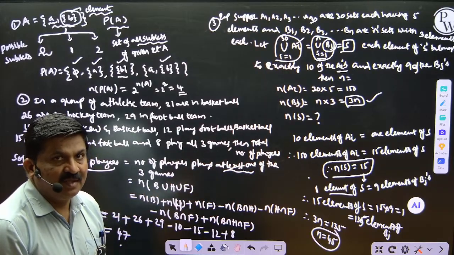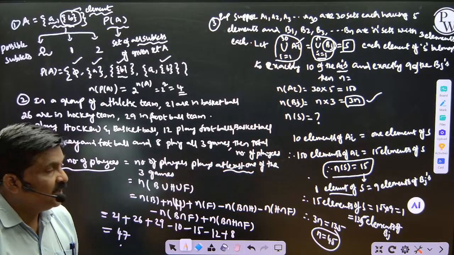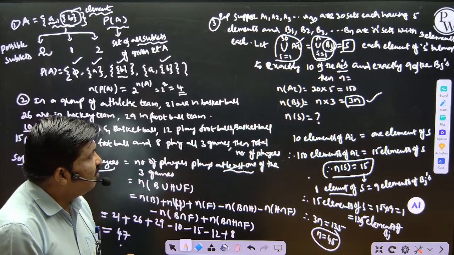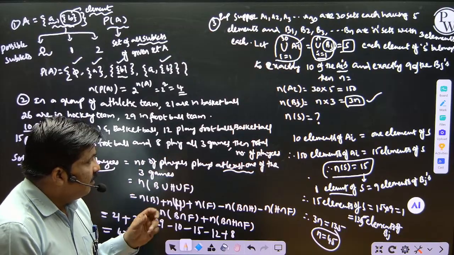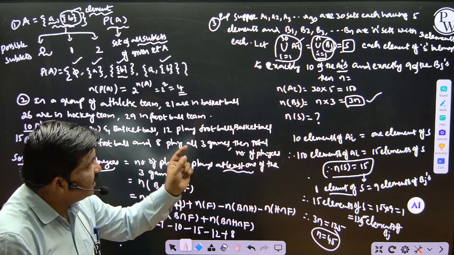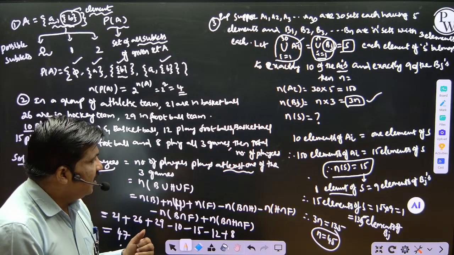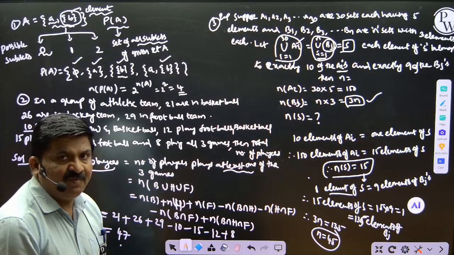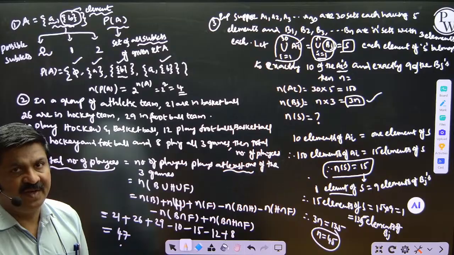One element of S is equal to 9 elements of the Bj's, so 15 elements of S is 15 into 9, that is 135 elements of the Bj's.